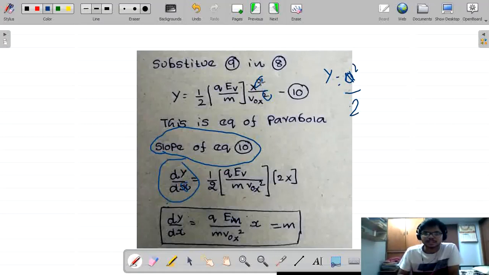For x square, the differentiation is 2x. Now cancel 2. Q EV by m Vox square into x. So Q EV by m Vox square into x is equal to the slope, indicated by m.